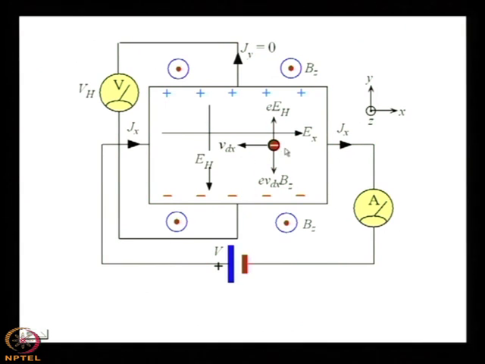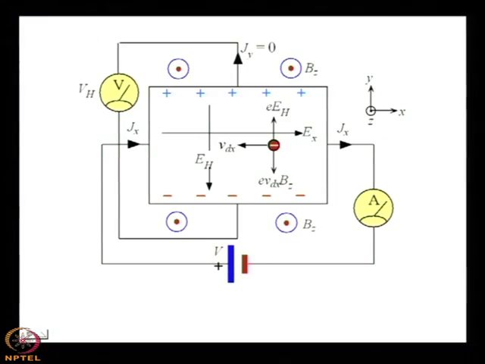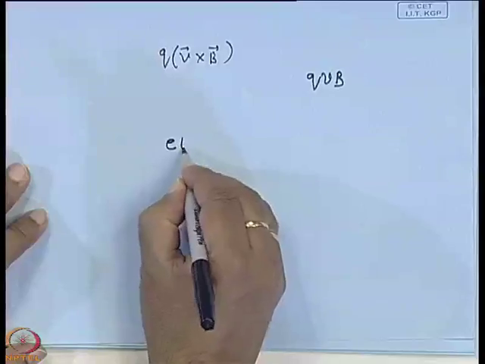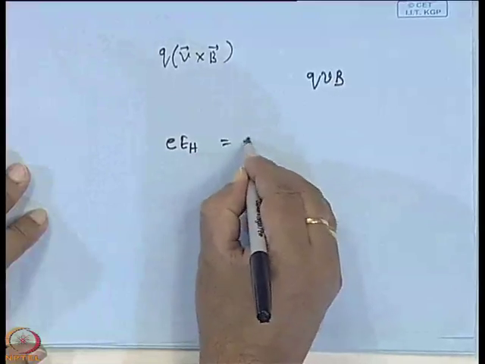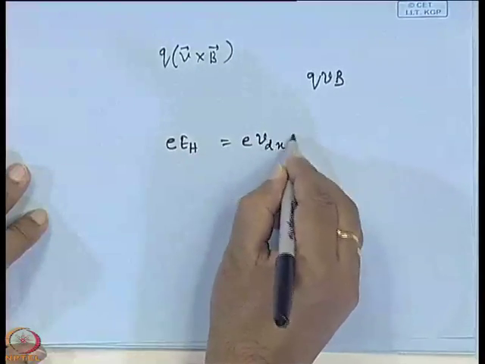And how long will this positive and negative polarization be there? Yes, when the electric field equals the force due to the magnetic field. So, in this case, E H equals V dx B z.